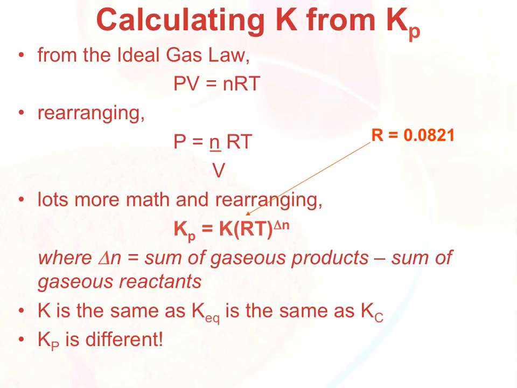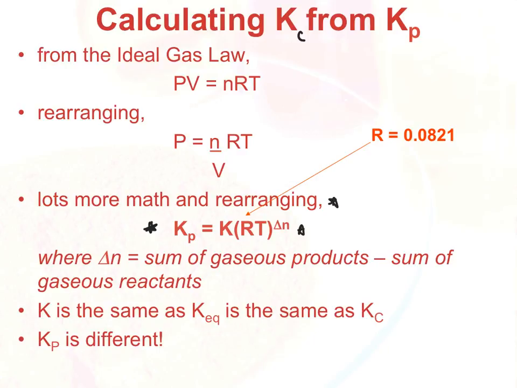So how can we interconvert between Kc and Kp? This is the equation that you're going to be utilizing to make that adjustment. Basically, they've included the ideal gas law in the calculations and done some rearrangements in math. This is available in your textbook if you want to look at it.